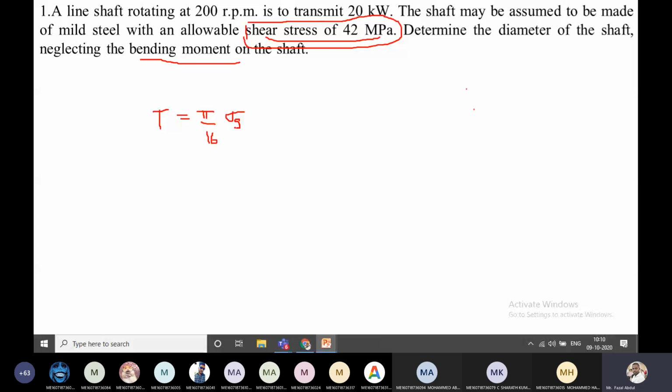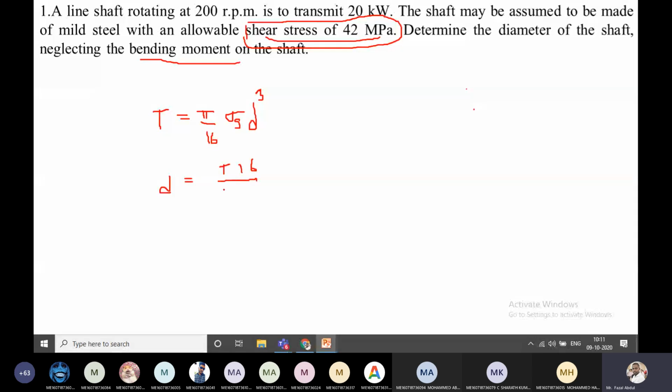Now, what is D here? D is the cube root of T into 16 by pi into sigma s.